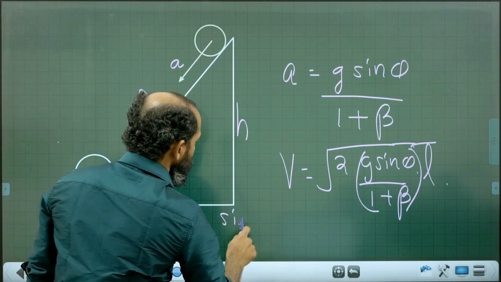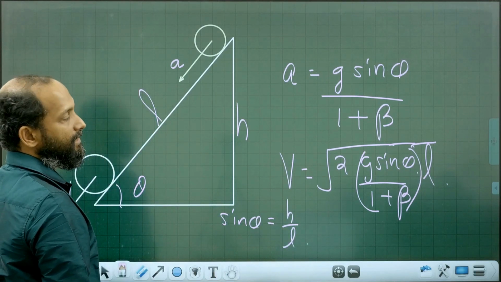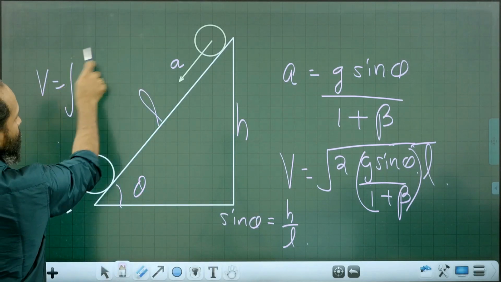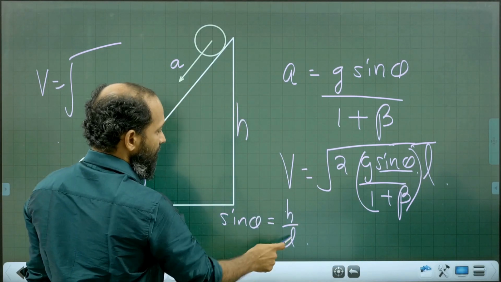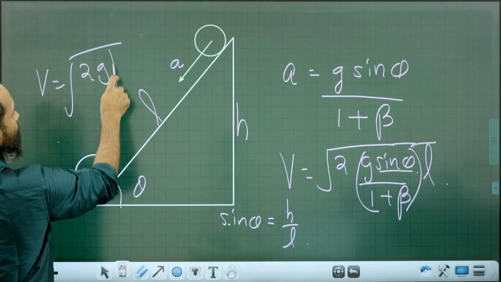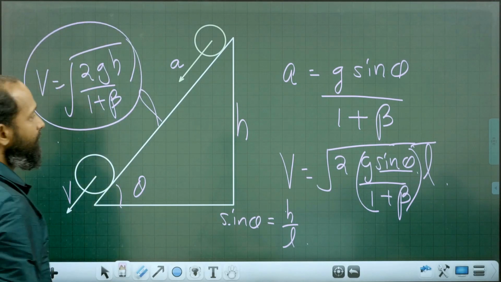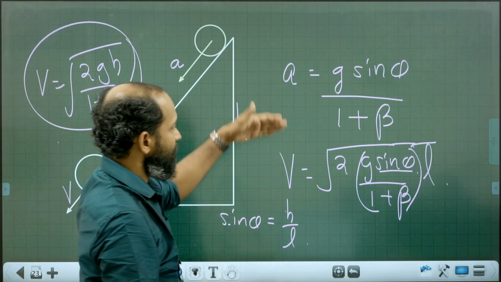You can also use sin theta as h by L. So you can also write V equal to root of, with sin theta as h/L, or L sin theta as h. Simplify this: root of 2gh by (1 + beta) can also be used. So practice this in terms of h and L. So, acceleration and velocity.